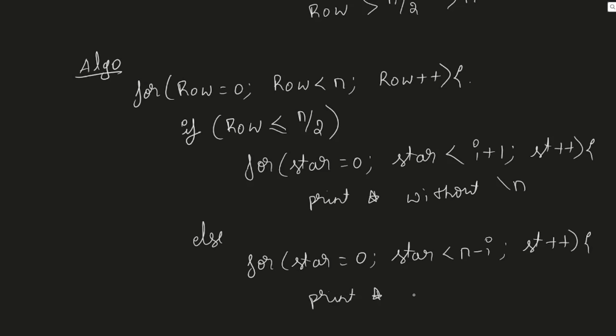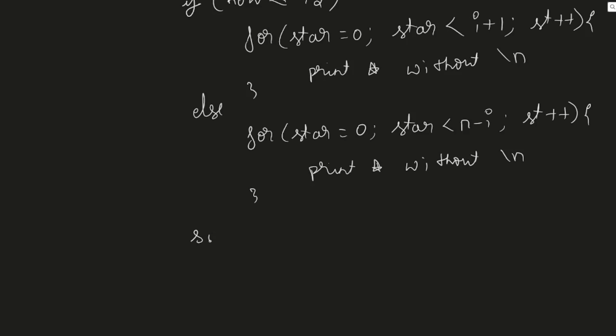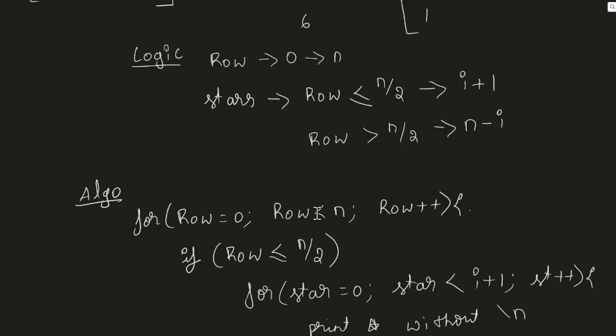Print star without new line character. After completely printing a row, we need a new line. Close the outer loop. That's it. We are done with this pattern. Let me just go back to IntelliJ and let us try to code it.